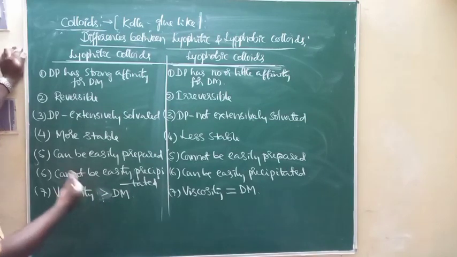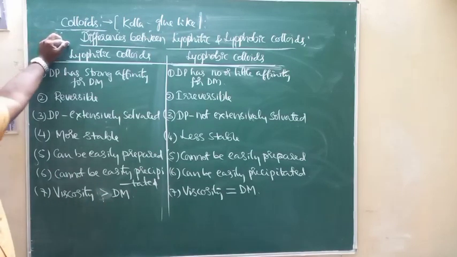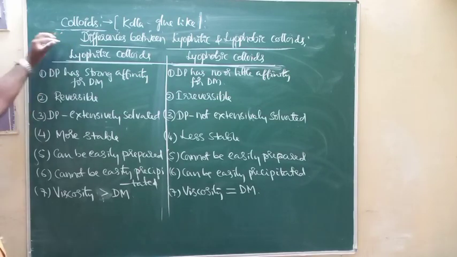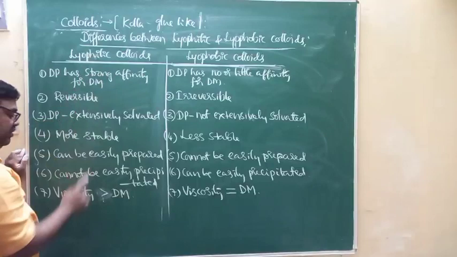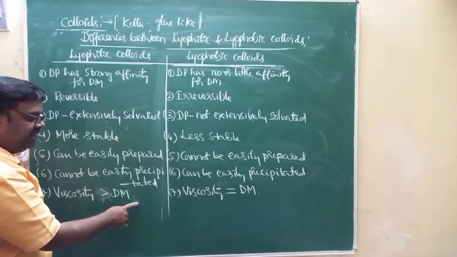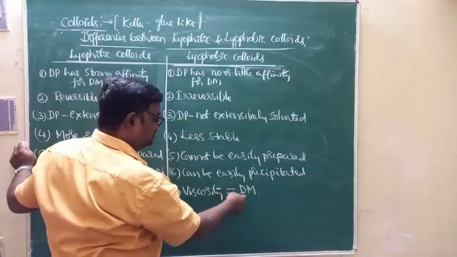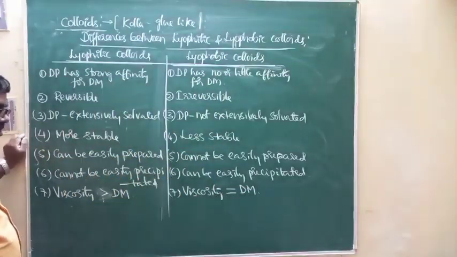Thereby, the resistance offered by lyophilic colloids for the flow of objects through it is very, very high. That's why viscosity of lyophilic colloids will be greater than the corresponding dispersion medium. The viscosity of lyophobic colloids will be almost similar to the viscosity of dispersion medium.